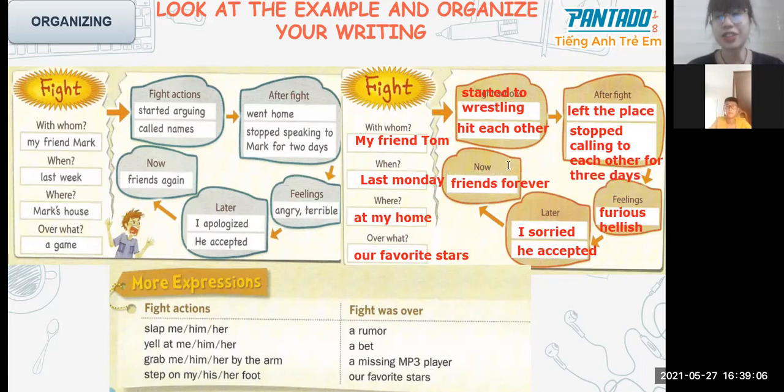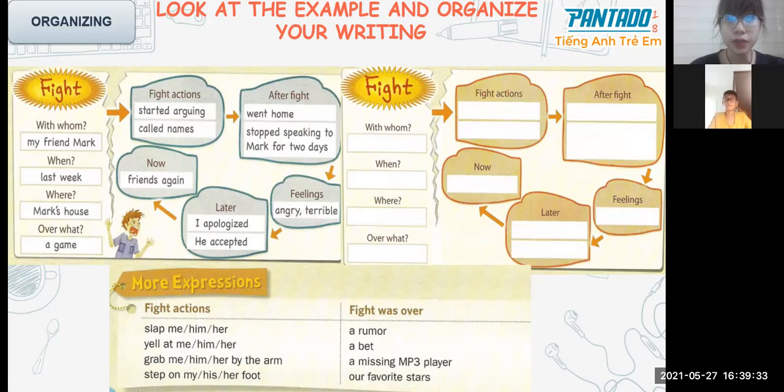Okay, you did a good job here. So first, starting to wrestle, hit each other. After the fight, he left the place and stopped calling each other for 3 days, feeling furious and helpless, and later sorry and accepted, and now friends forever. That's good.